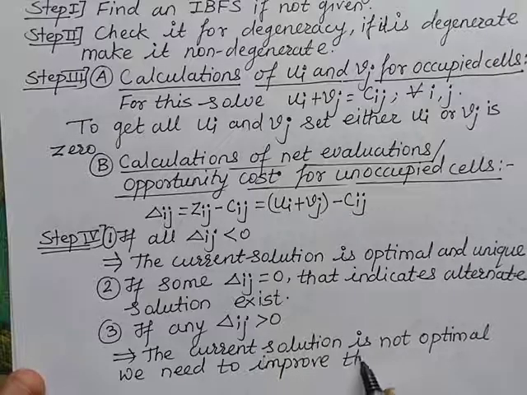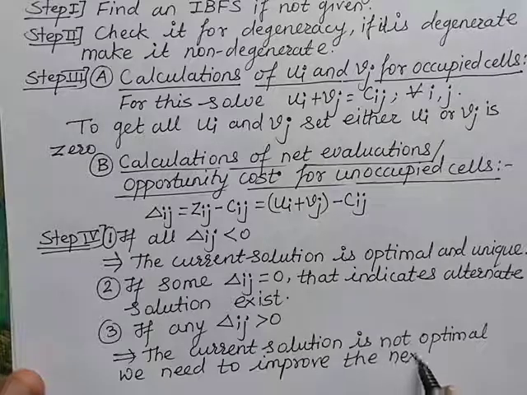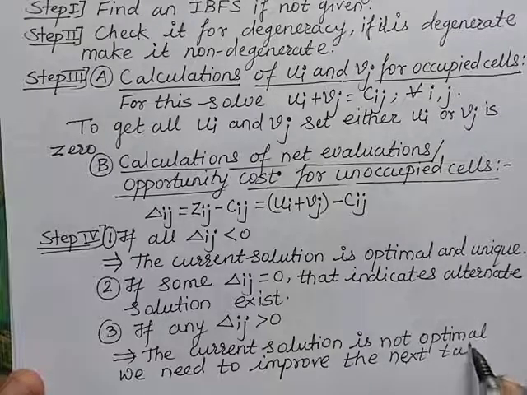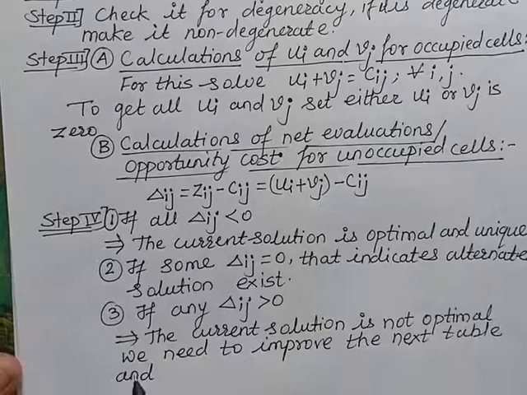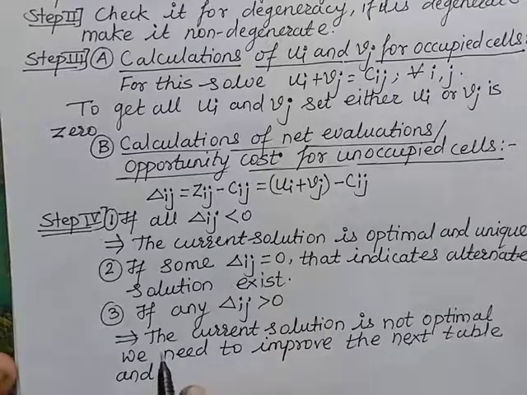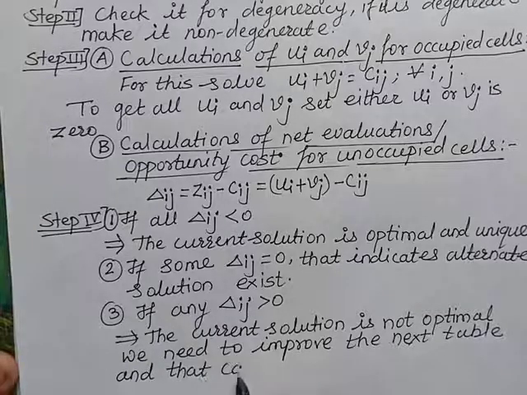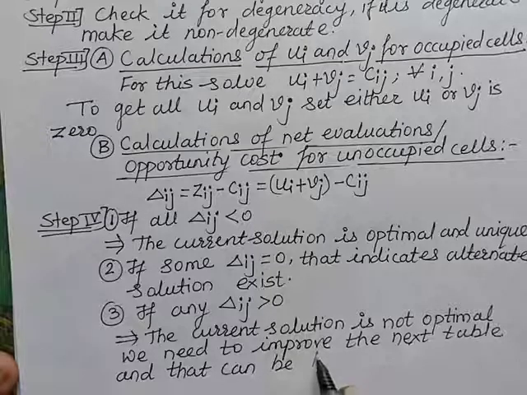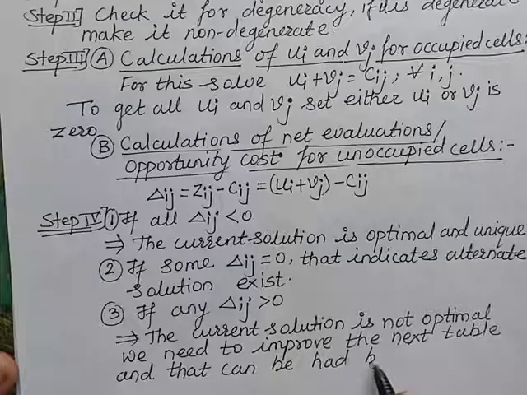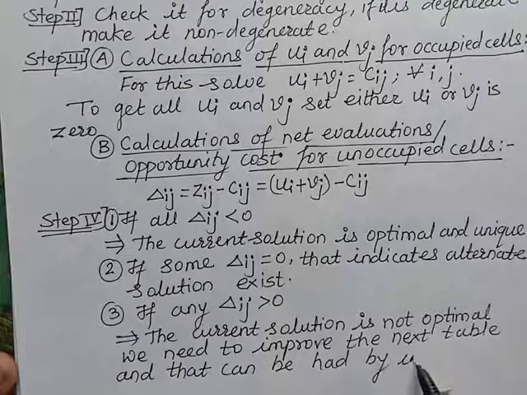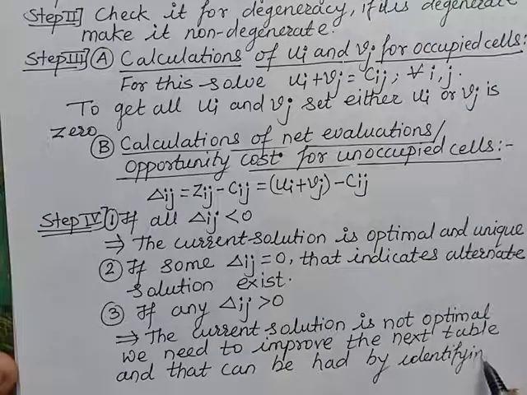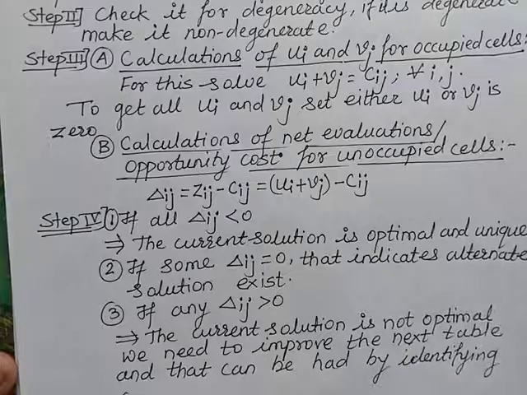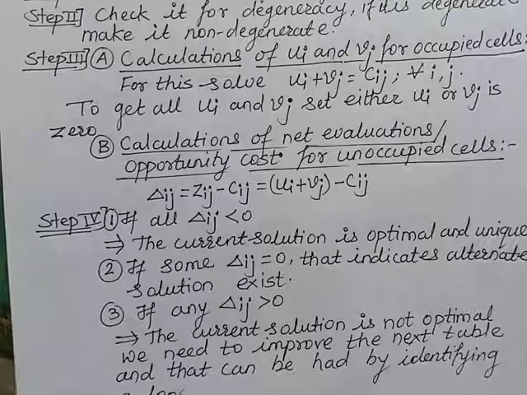We need to improve the next table, and that can be had by identifying a loop.